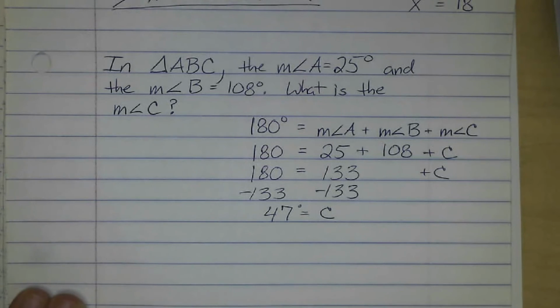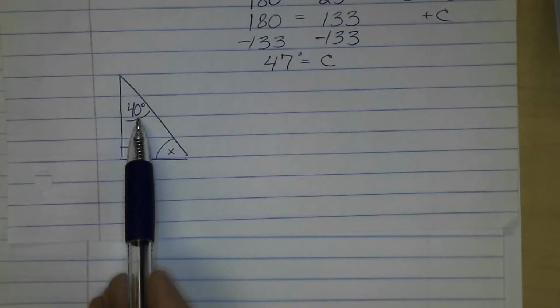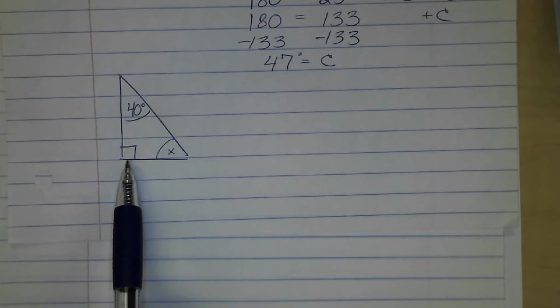Now, there's one other problem I want to show you that may be a little bit tricky for some of you, but once you see it, it'll be a piece of cake. If you saw this problem and they said solve for x, the first thing some of you might think is, hey, you just told us that we were going to have two of the measures and we'd have to solve for the third, and I only see one measure here. But that's not entirely true.